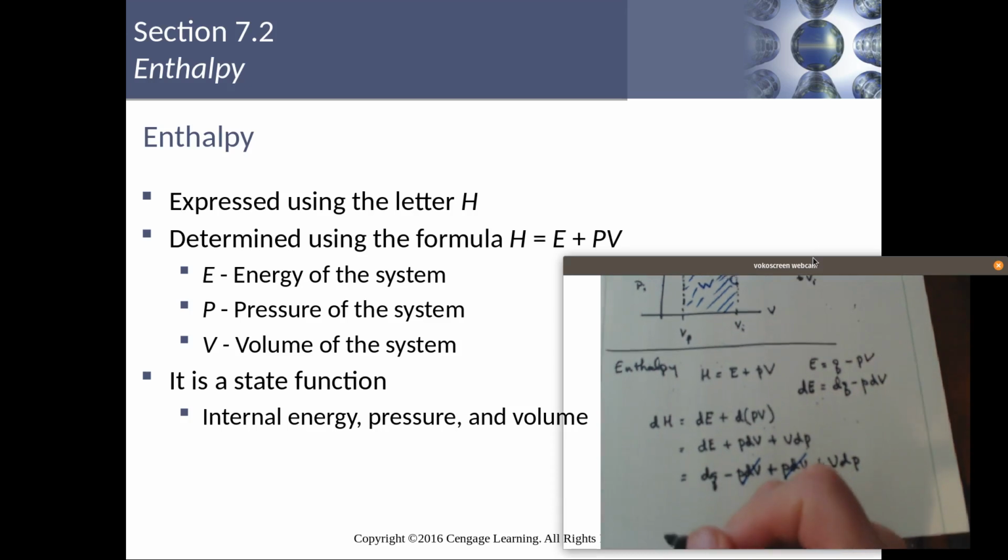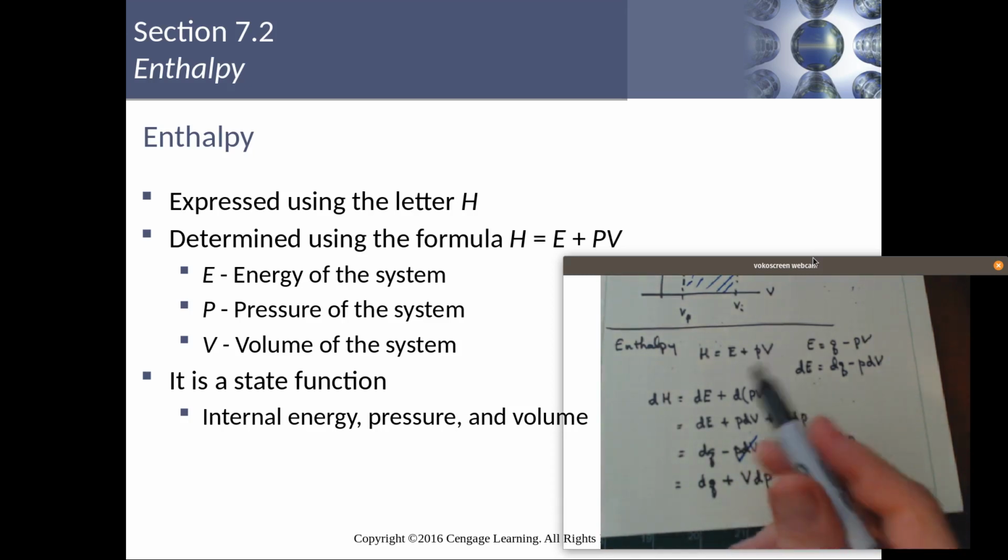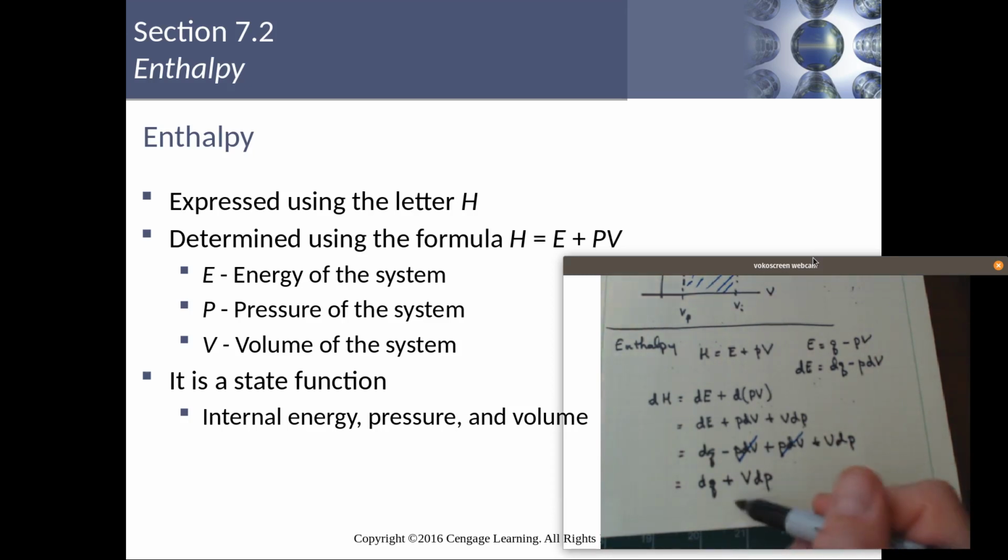the differential change in the enthalpy, that looks like the following: dQ plus the volume and the change in the pressure. Now the advantage of this particular form is that for the most part, when we do a chemical reaction, we do so under conditions of constant pressure.